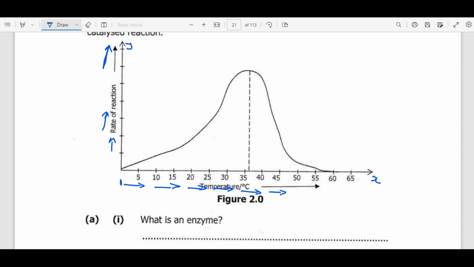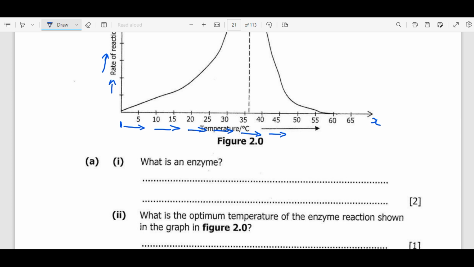Now we want to look at the question, which is: what is an enzyme? This is a very simple question that you have to rejoice when you meet such questions, and it carries 2 marks.